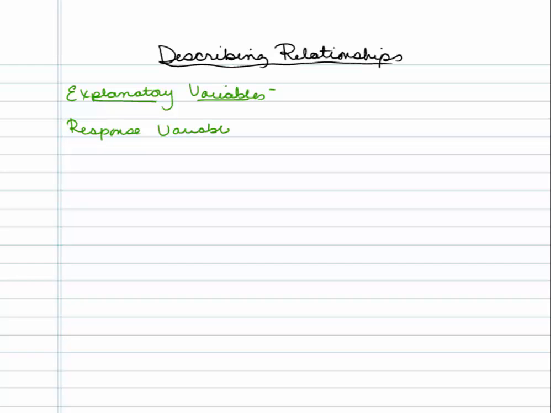So first of all, in describing relationships in Chapter 3, there's two new types of variables. There's explanatory variables, and there's response variables.